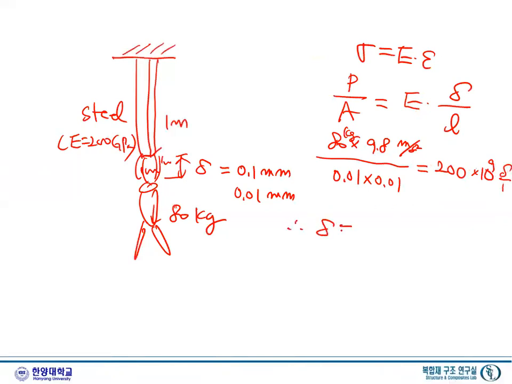So delta, let's calculate it. 9.8, well, let's call it 10, okay? 80, well, let's call it 100 kilograms. I don't mean you are that heavy, but let's consider 100. So, and then let's calculate: 10 to the 5, right?